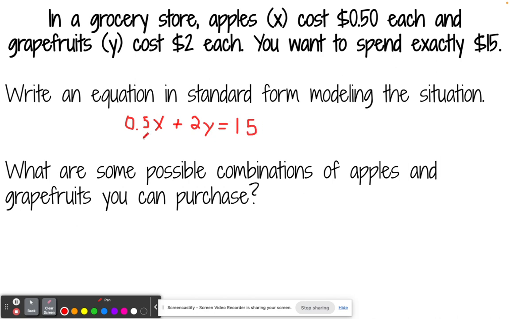Well, one thing I can think of is, what if I only bought apples? If I only bought apples and I didn't buy any grapefruit, I would have 0.5x equals 15.